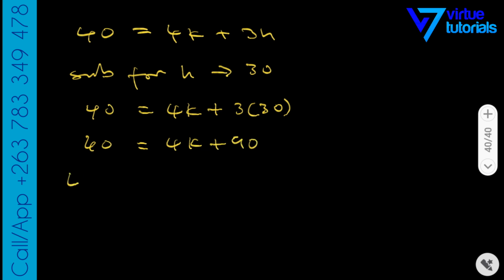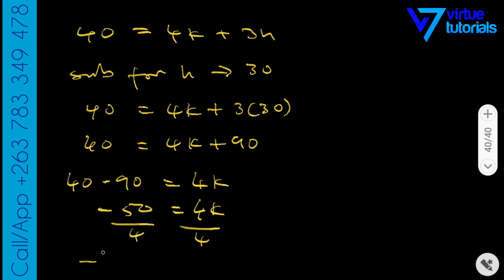Take 90 that side. 40 minus 90 is equal to 4k, minus 50 is equal to 4k. Divide both sides by 4. I get minus 12.5 is equal to k.